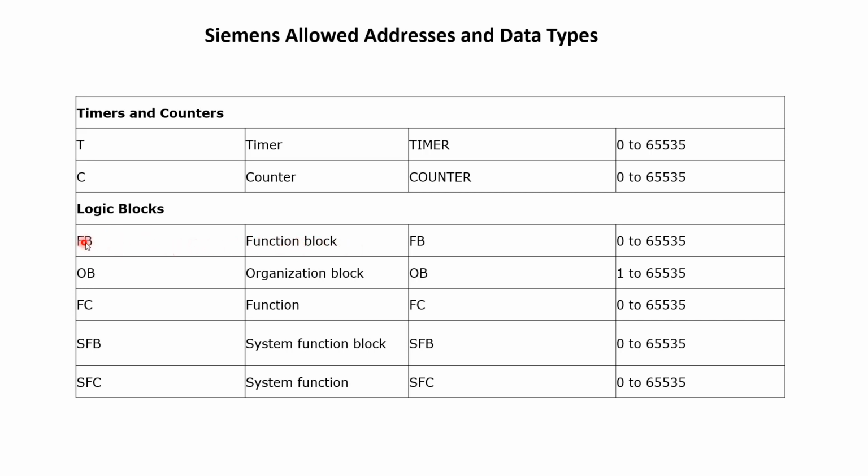So the difference between the function and the function block is that a function block will come up with an instance data block, but a function doesn't. It's just a function to execute something, input then output, but it doesn't store values in a data block.